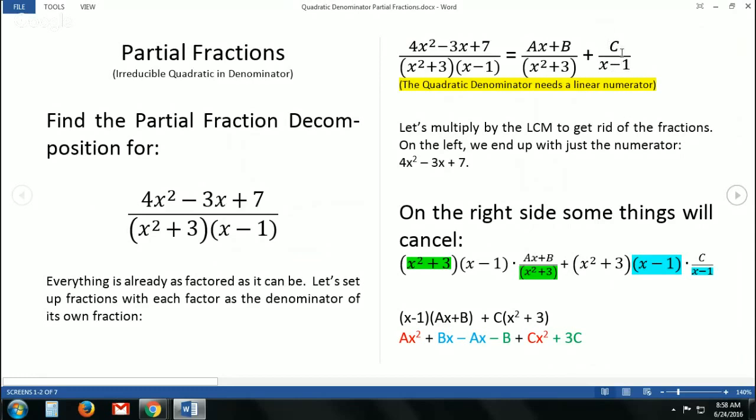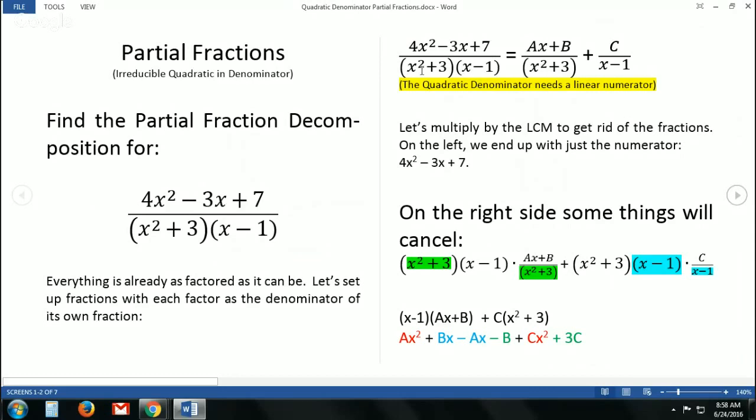Now, just as we've done before, we want to multiply every fraction by the lowest common multiple to get rid of the fractions. The lowest common multiple is the original denominator that we started off with.